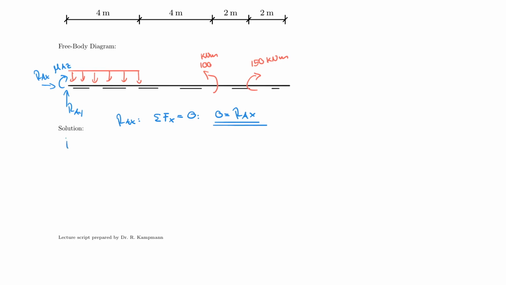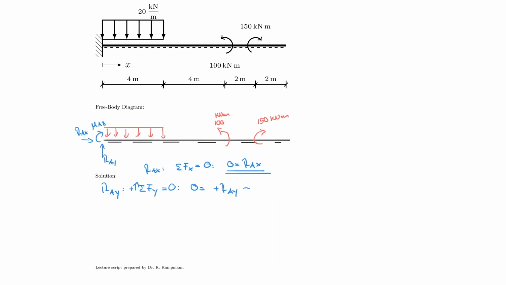To find RAY, what I have to do is take the sum of the forces in the y direction and set it equal to 0, upwards positive, and 0 is equal to plus RAY minus, and shame on me, I didn't calculate how much this is, so this is 20 kilonewton per meter.